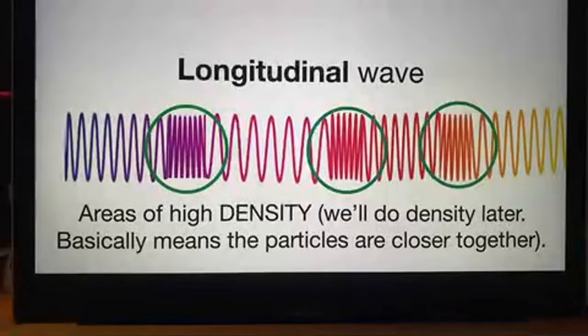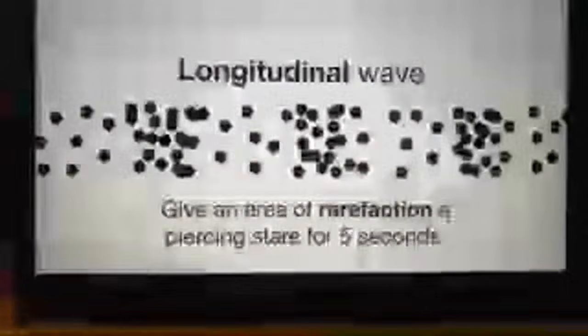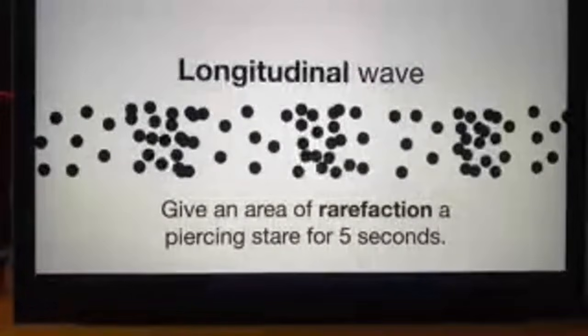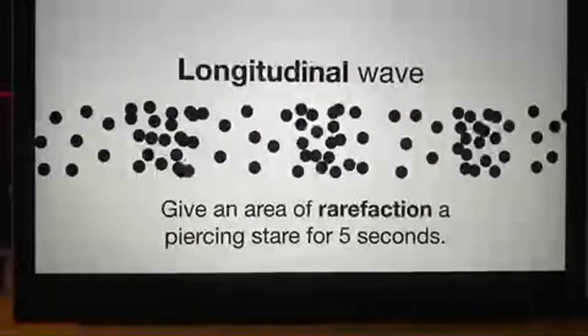There's another thing about longitudinal waves you need to know, and it's a word that you don't often come across in everyday life. It's called rarefaction, but I think you might be able to work it out given what we've just done. So here's another wave for you. This is lots of particles vibrating to and fro. This is a longitudinal wave, and particles are close together, squished, densely populated areas.